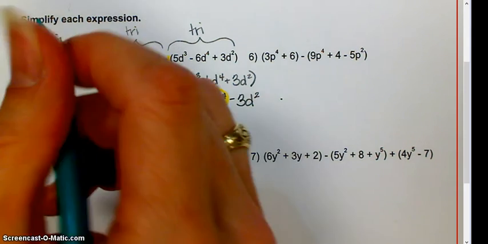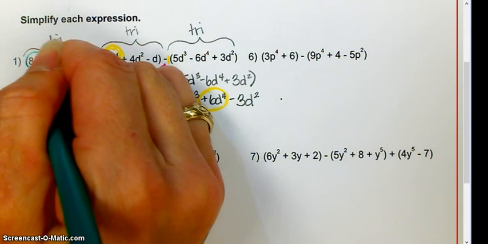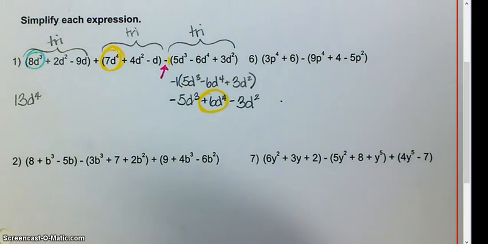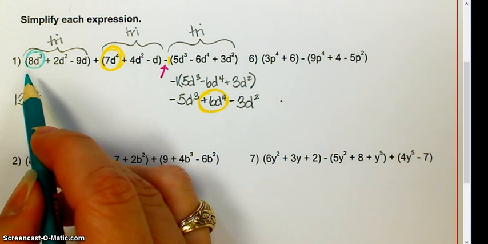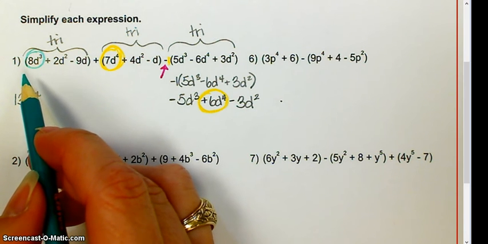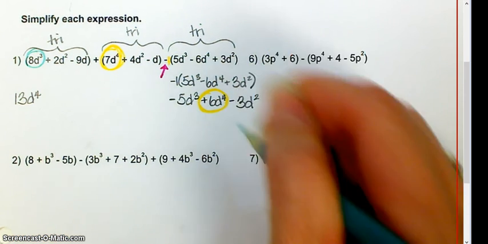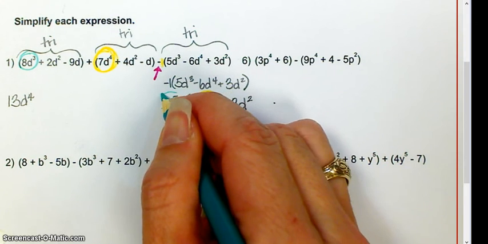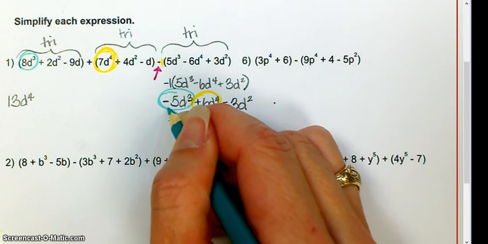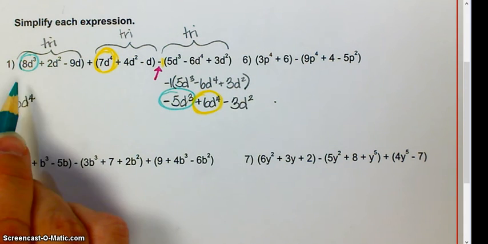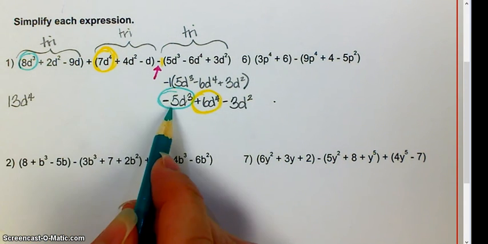All right, let's do the next highest degree, which is what? All right. So I have an 8d to the third here. And if I just say 8d to the third, it's understood that it's positive 8d, right? Okay. I have a -5d to the third right here. Do y'all see that? All right. So that's really 8d to the third minus 5d to the third.